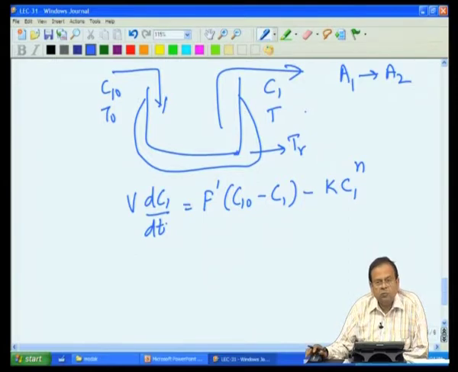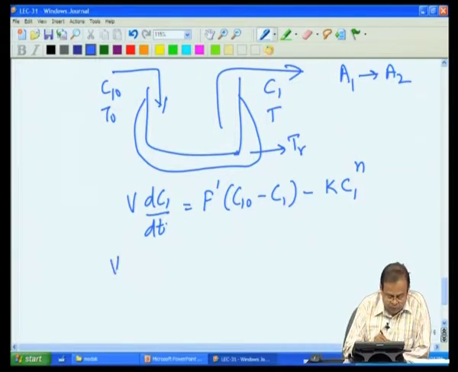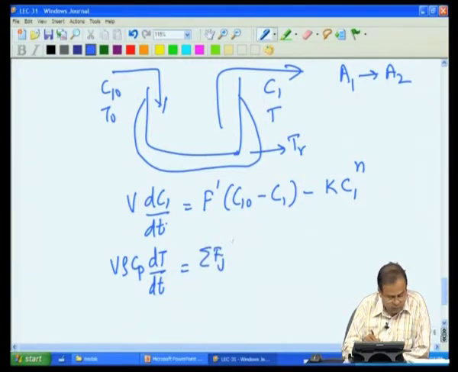Once again I will assume that my properties are not changing with temperature, and so I can write my energy balance in the following manner. I am just repeating what we had seen earlier.